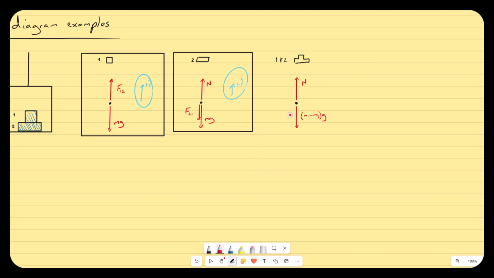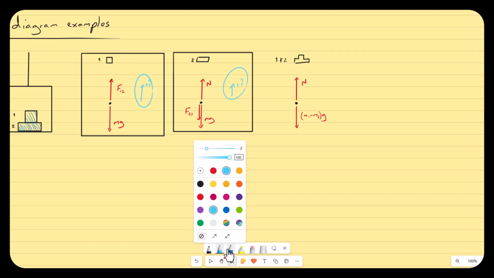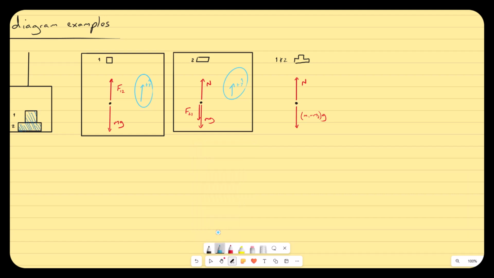This is what happens if I combine these two pictures, because if I combine these, what I would find is that these two forces have to cancel each other out. They are equal and opposite forces. When they're in their own free body diagram without having another free body diagram to combine with, if I'm just looking at this box, for example, then F12 has nothing to cancel with.